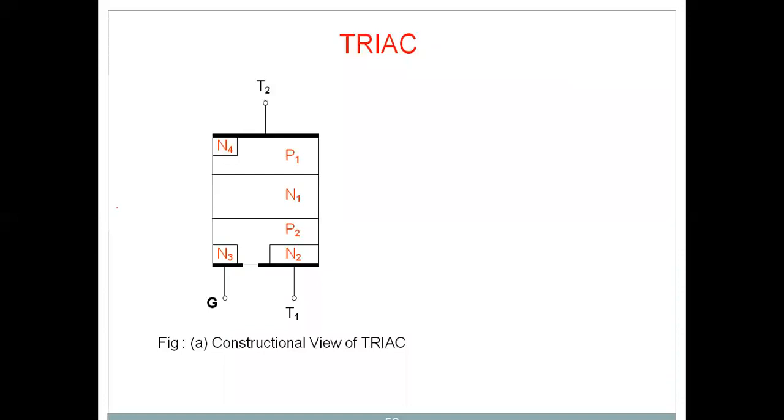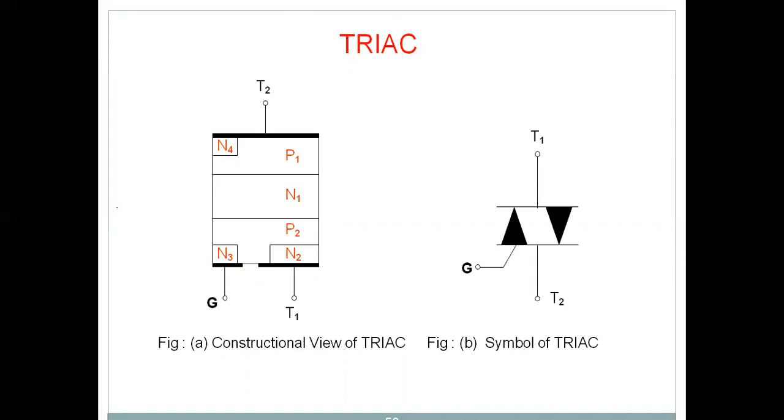It consists of 4 layers and 3 terminals, T1, T2, and gate. The gate terminal is near the T1 terminal. The terminal T1 makes contact with layers N2 and P2.